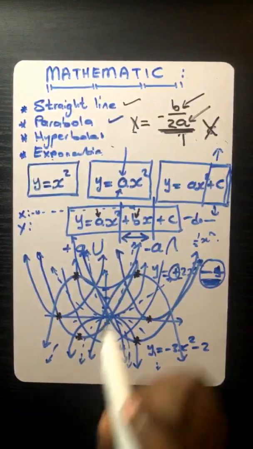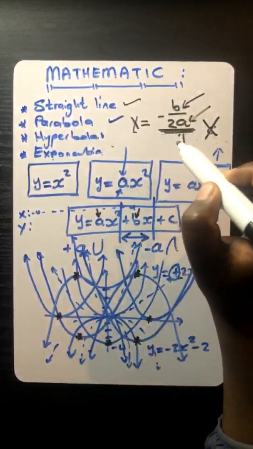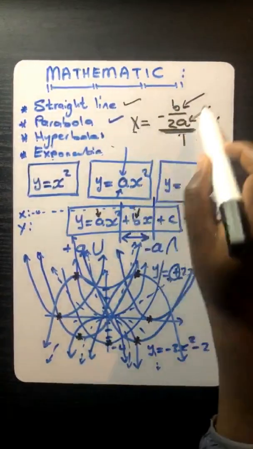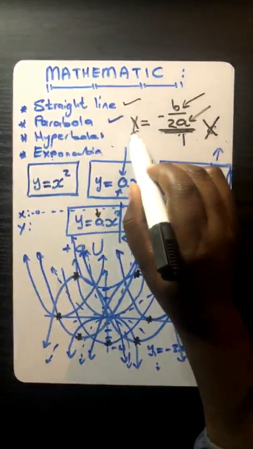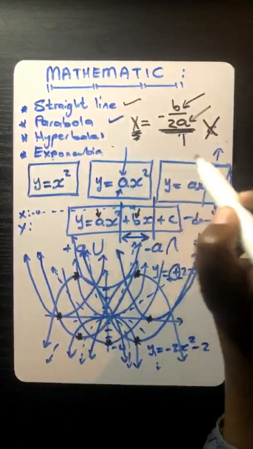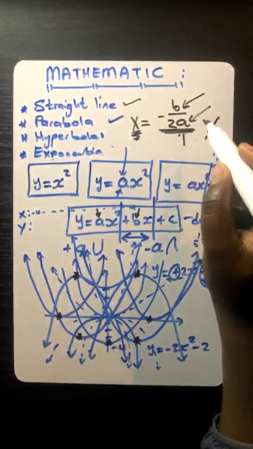So what Given is saying there, guys, is that this formula is supposed to actually be for the X value and not for the Y value.